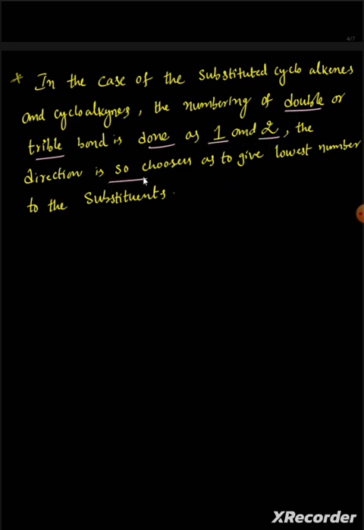The direction is so chosen as to give lowest number to the substituent. For example, here we are taking substituted alkene, cycloalkene.